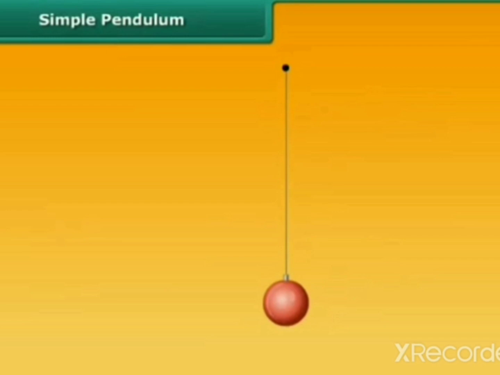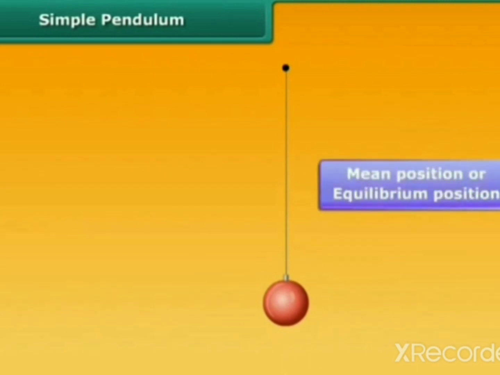Now you can see the simple pendulum is at rest. This rest position of the pendulum is known as its mean position or equilibrium position.